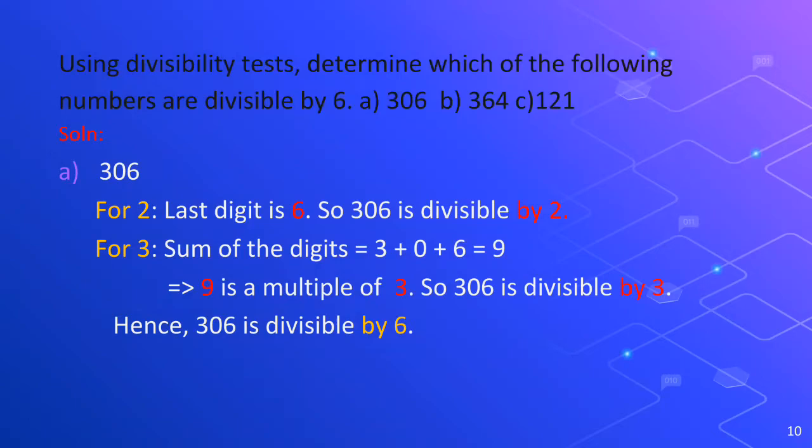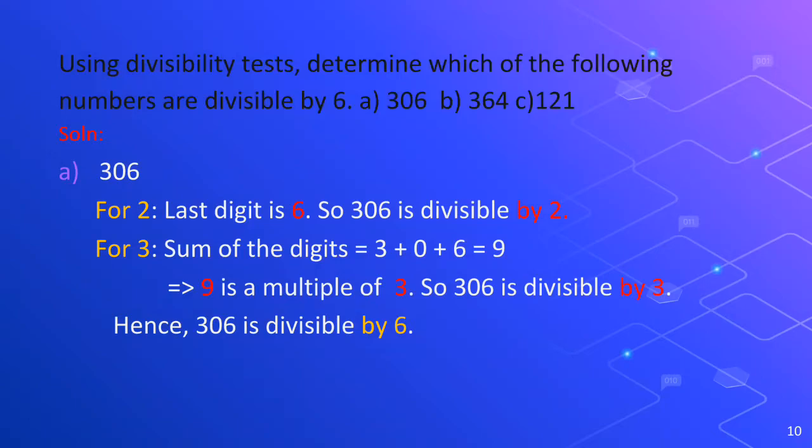It's an even number. So, the whole number 306 is divisible by 2. Next, for 3, sum of the digits 3 plus 0 plus 6 equal to 9. 9 is a multiple of 3. So, the whole 306 is divisible by 3.